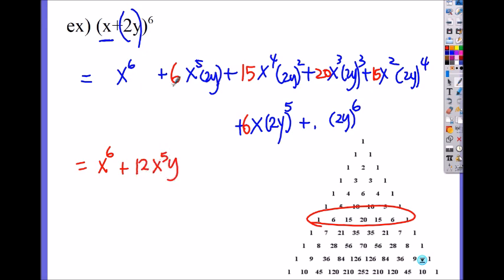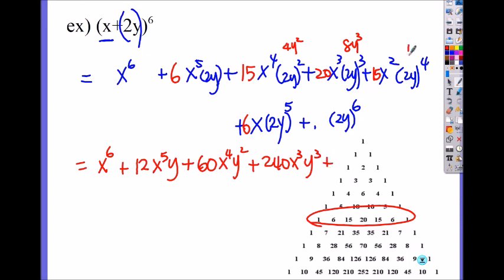You have to multiply 6 and 2. Plus this 2y squared becomes 4y^2, right? So 15 times 4 is 60 x^4 y^2. Here 2y cubed becomes 8y^3. So 20 times 8 is 160 x^3 y^3, plus 2 to the 4th power is 16 y^4, and I have 15.